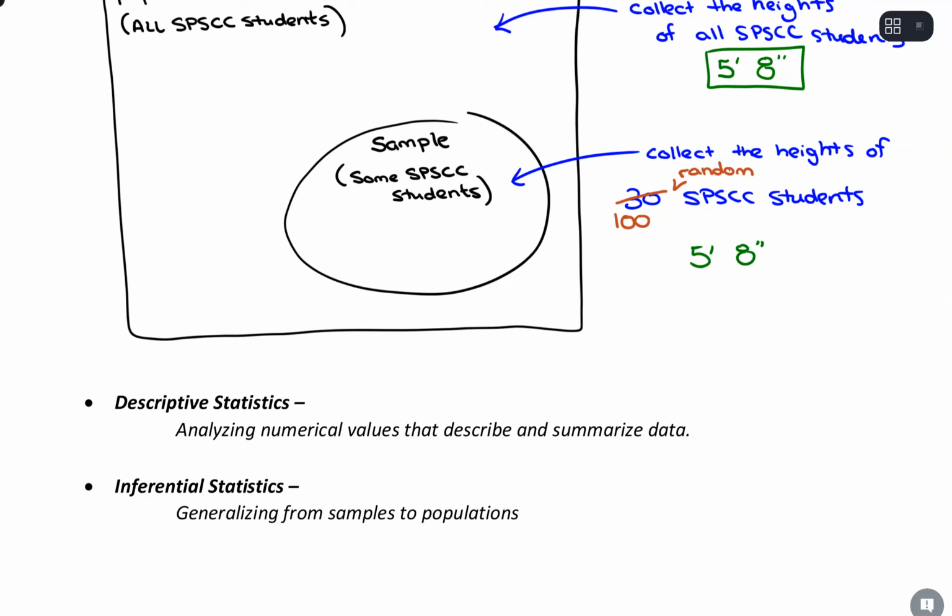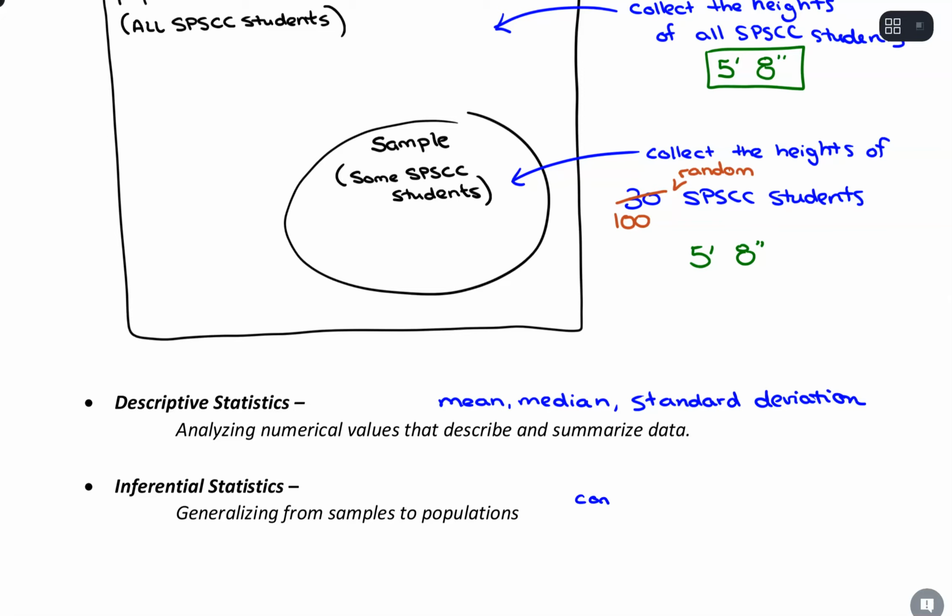So we might look at mean and median and something called standard deviation. All of these we're going to analyze from numerical data and evaluate these numbers coming through, and that's going to be descriptive statistics.